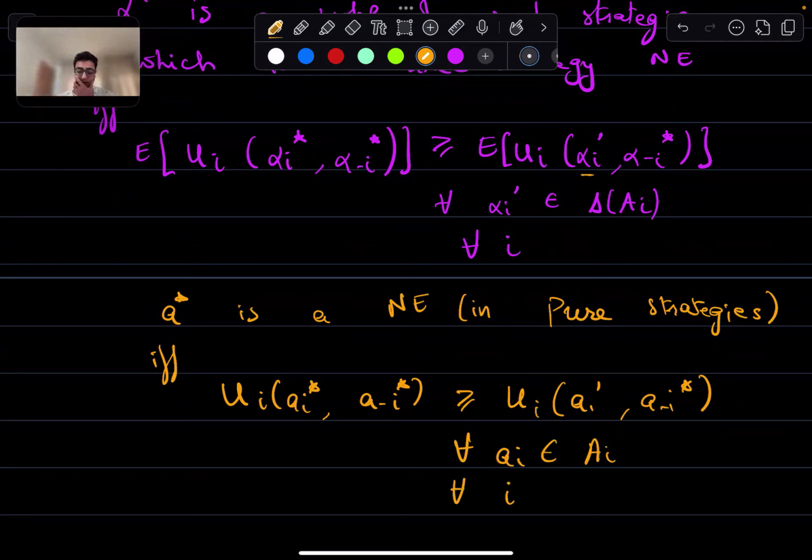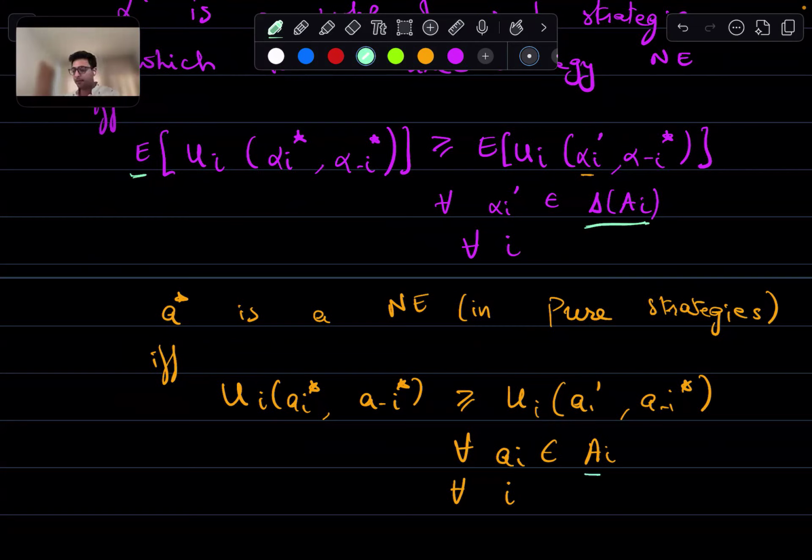If you look at the differences, first difference is that we didn't used to have that expected value. We now need the expected value because we're talking about situations in which the payoff is uncertain because players are mixing over actions. And then the rest of it is just using alphas instead of A's. And then the alpha has to come from this set, the delta of AI, which is the set of all possible probability distributions over actions, whereas the action just came simply from the action set.